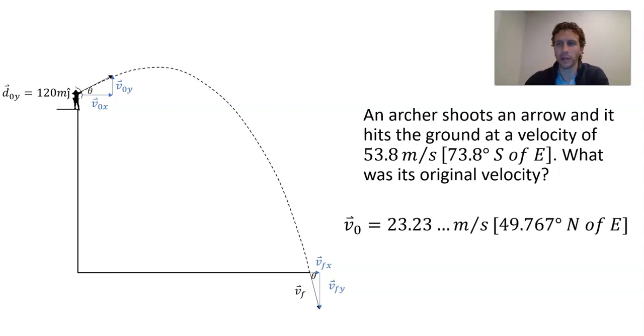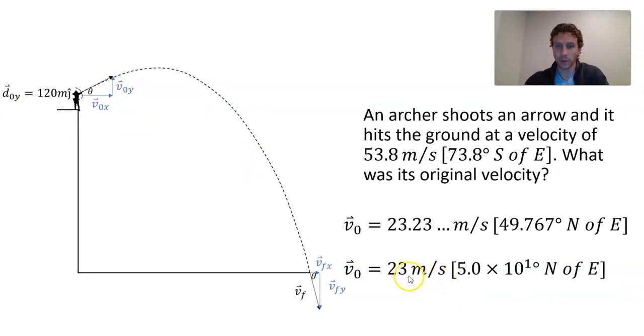It was 23.23 and then 49.767. So our velocity is just going to be 23. The angle would be 50, but 50 has just 1 sig fig. So 50 we turn into 5.0 times 10 to the 1 degree north of east. And that's our final answer.